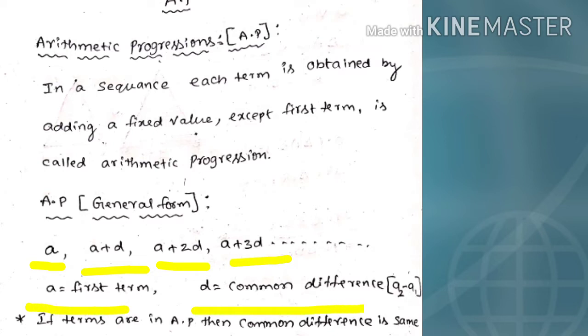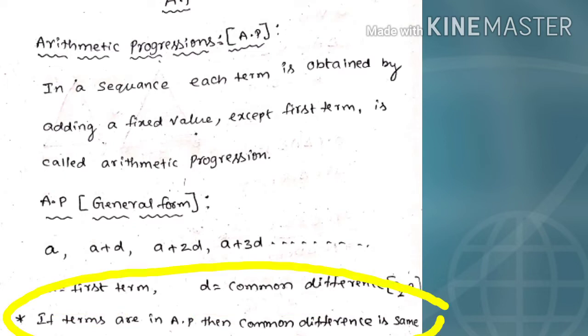Here a is called the first term and d is called the common difference. Its formula is a2 minus a1. If the terms are in AP, then their common difference is the same. Its converse statement: if the common difference is the same, then the terms are in AP.